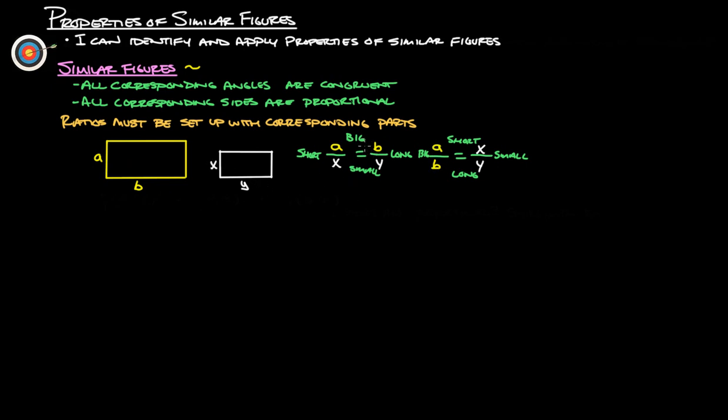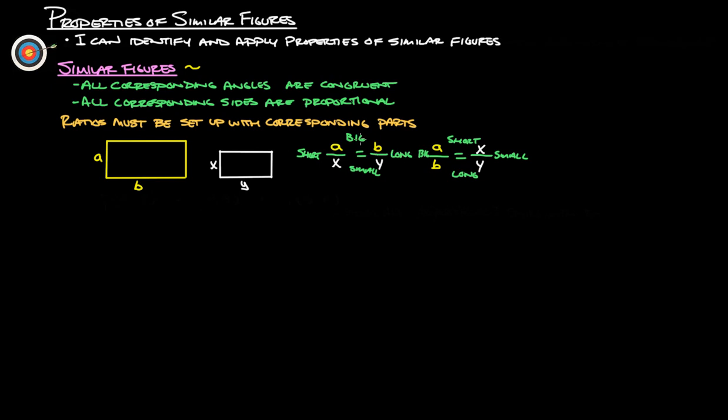One way I've done this in the past that could possibly be helpful is, when I'm setting up a proportion, I'll just write, for example on this one, this is the big rectangle up here, and this is going to be the small rectangle down here. On this side, I'm going to write the short side, and on this side over here, I'm going to write the long side.